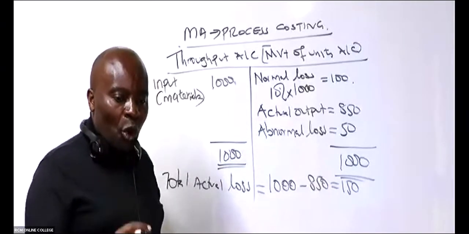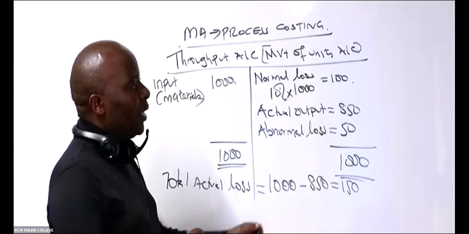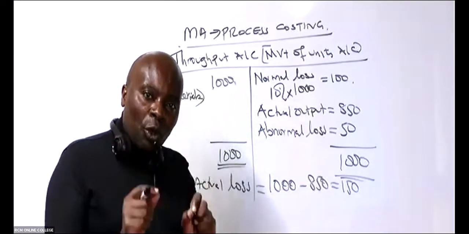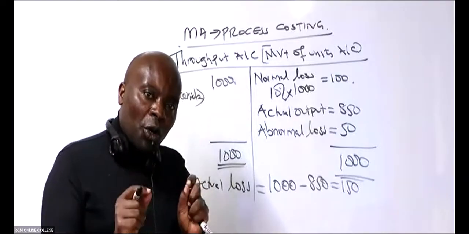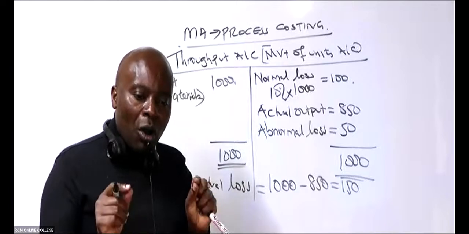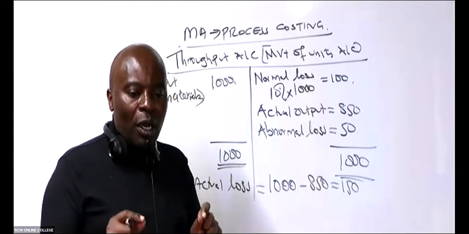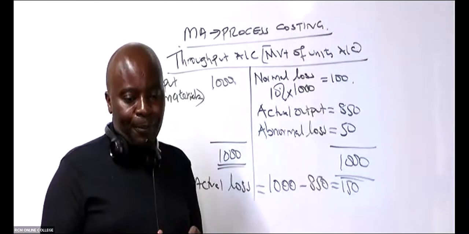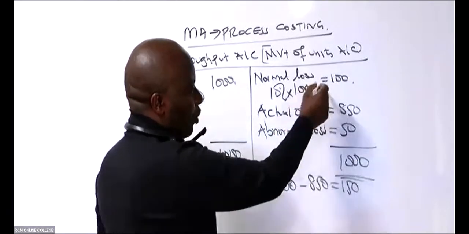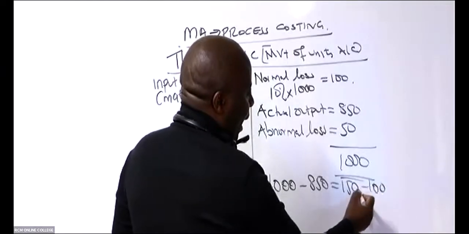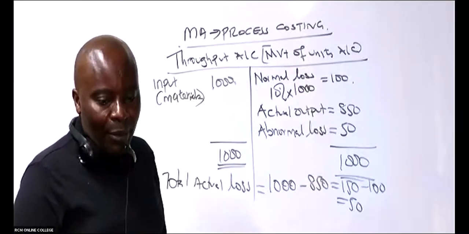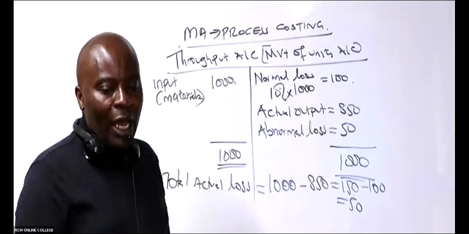And this total loss of 150 is more than the normal loss. We said that whenever the actual loss is more than the normal loss, then you're going to get what we call an abnormal loss. In this case the actual loss is 150 and the normal loss is 100. So if you subtract 100, we get an abnormal loss of 50.